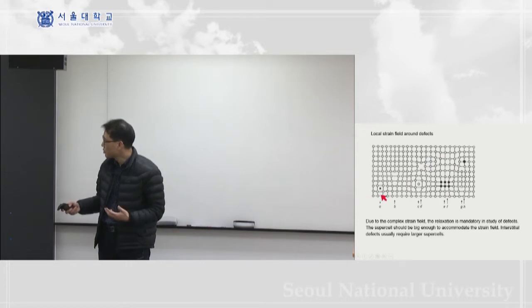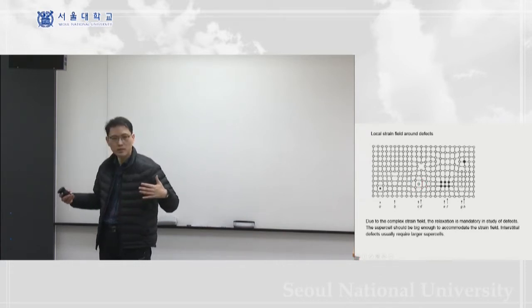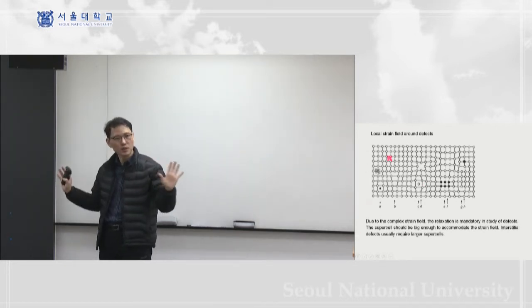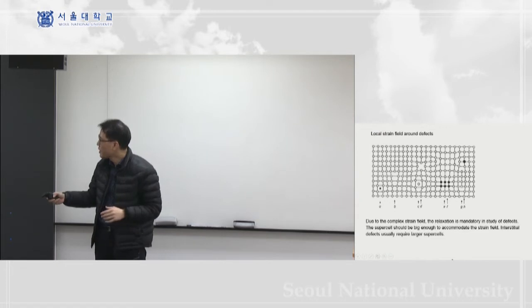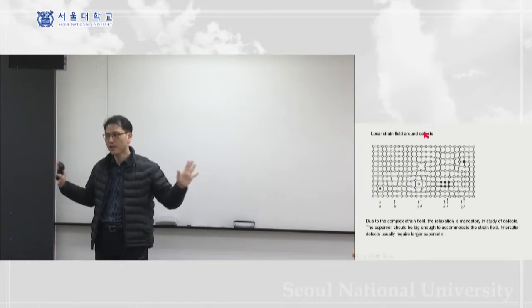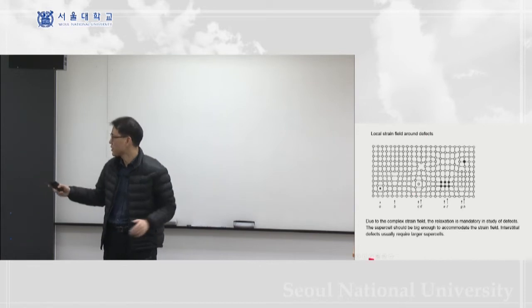For instance, if you put one atom at the interstitial site here, then you can expect that those atoms around will be repelled from the original site, because the interstitial is pushing those atoms to the outside. And that will cause some tensile stress around those defects, since these atoms are displaced outward.